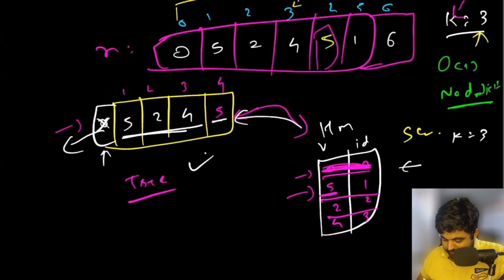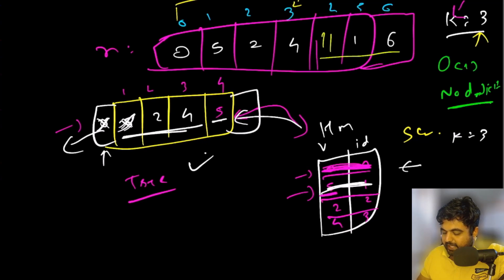And say for example, if somehow this value is not value number 5, this is value number 11 or something else, and this does not contain any duplicate entries, what would happen is that every single time we would get rid of the last element from our hash map, and we would keep on adding new values to our window, and eventually we would reach the end of our input, and if we don't find any answer, we can simply return false in this case.